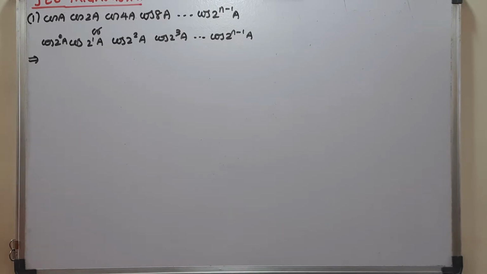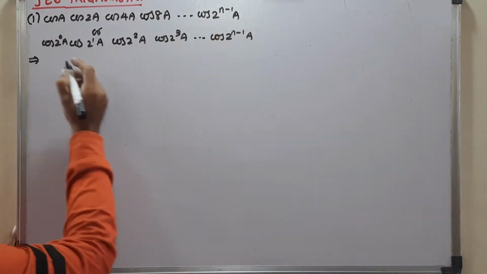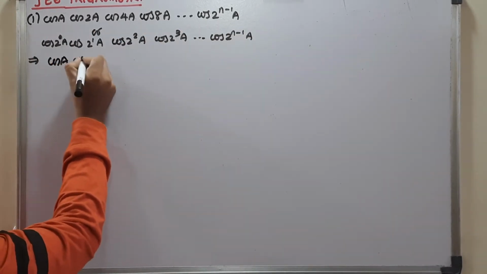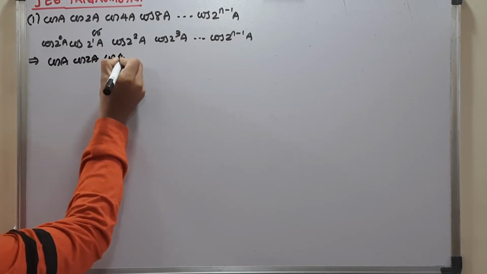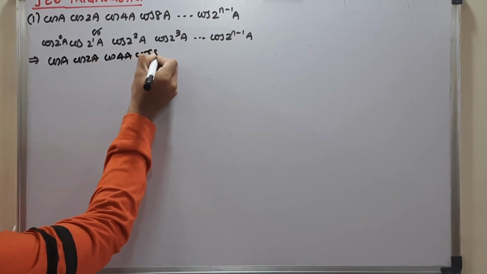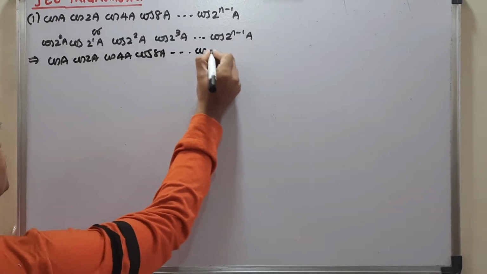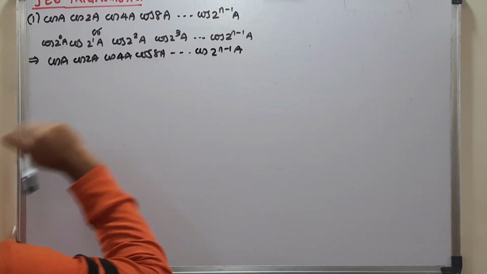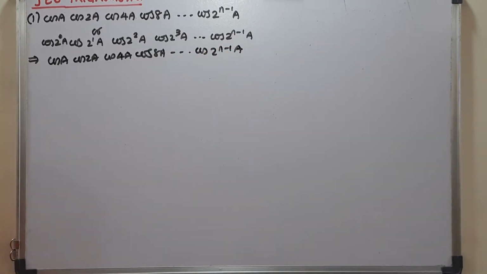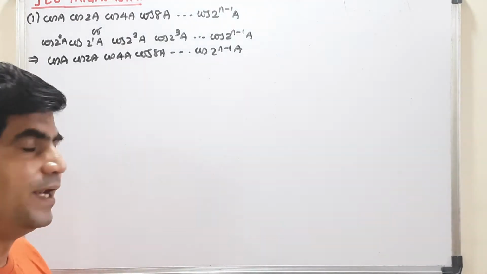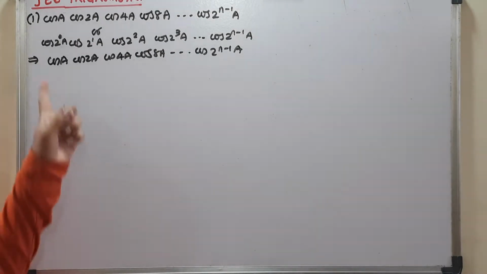So if I try to solve this, I am going to solve it this way. That is, cos A I am taking, cos 2A, cos 4A, cos 8A, up to cos 2^(n-1) A. Now, I know that this particular question can be very easily solved if I have a relationship of sine.